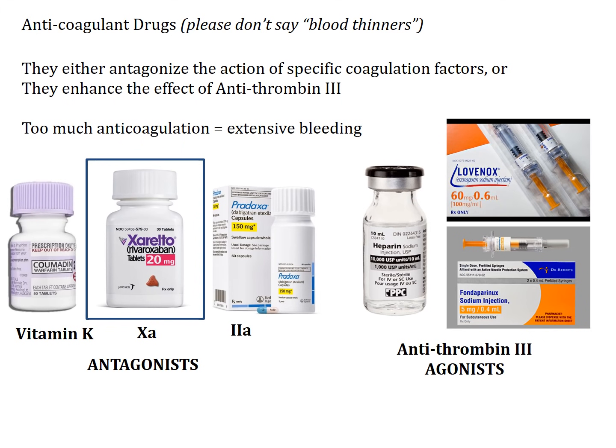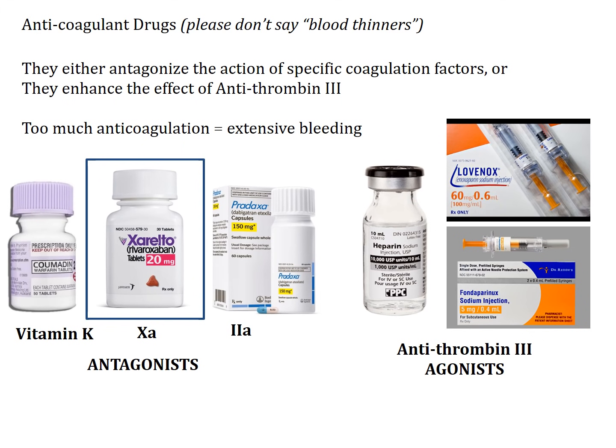Those are antagonist drugs. Heparin, low molecular weight heparin like Lovenox, Fondaparinux, those are enhancing the action of an anticoagulant protein, specifically antithrombin 3. So they're enhancing action, therefore they're agonists.